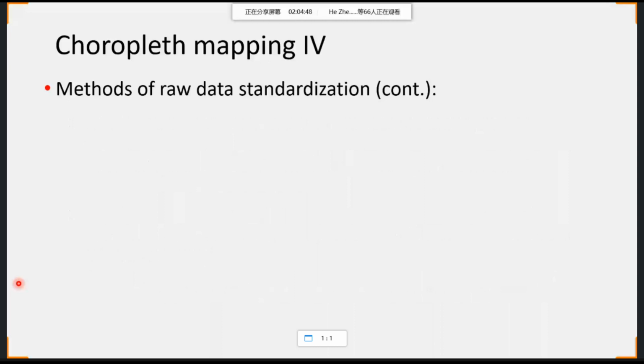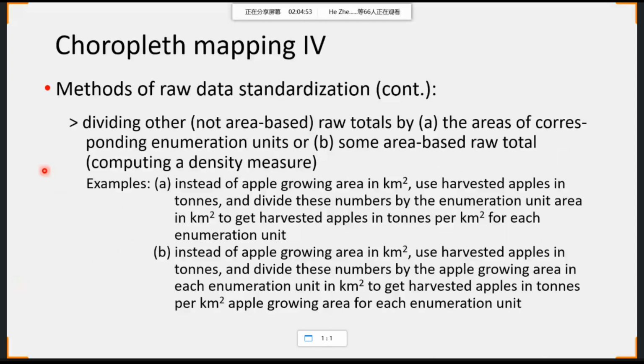Or dividing other, not area-based raw totals by A, the areas of corresponding enumeration units, or B, some area-based raw total, computing a density measure.